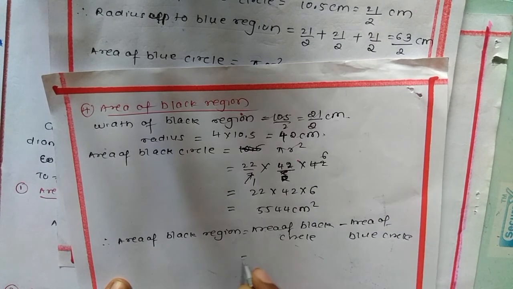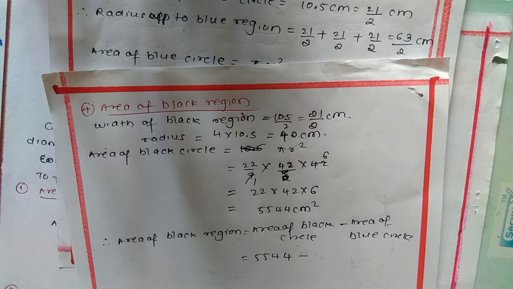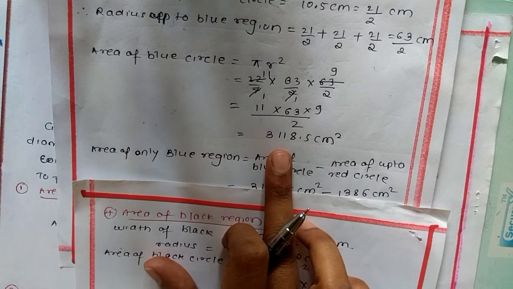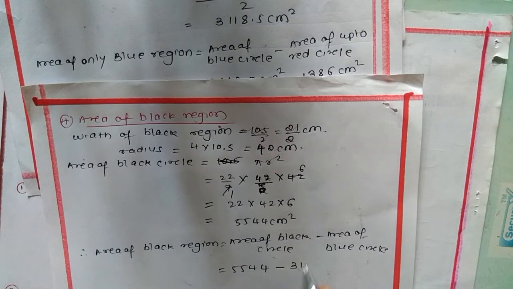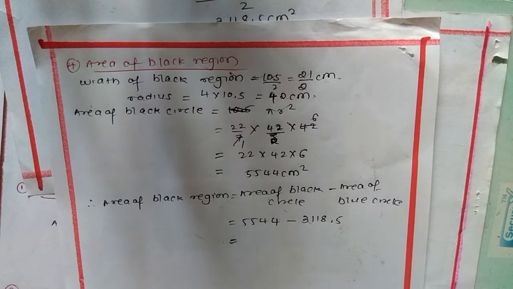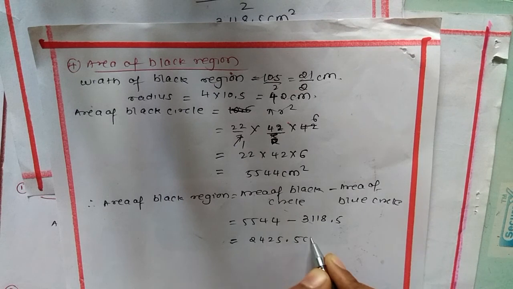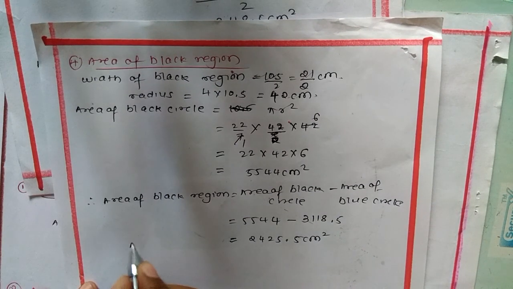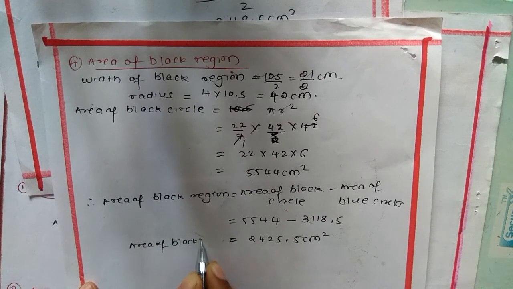So black circle area we have 5544, minus area of blue circle that we got here, 3118.5. So finally, if you subtract this, you will get 2425.5 centimeter square. So this is the area of the black region.